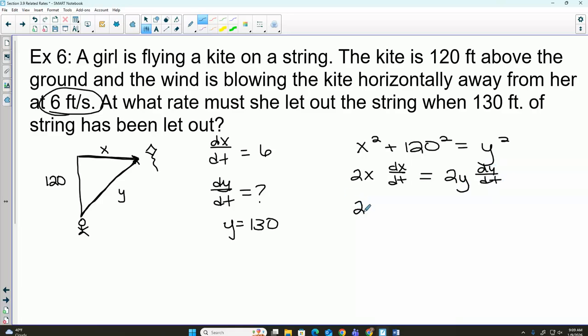Okay, once again, I'm looking for dy/dt, so I have to figure out what x is, but we've seen this quite a few times. We need x at the instant when y is 130.